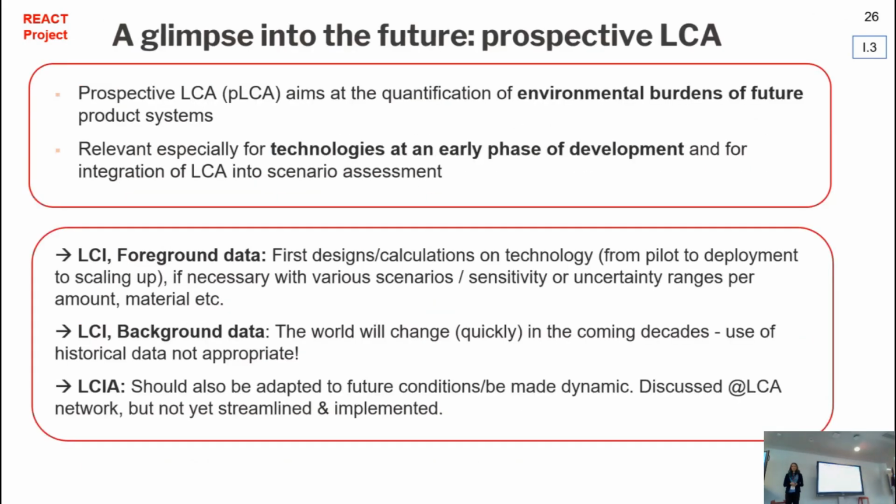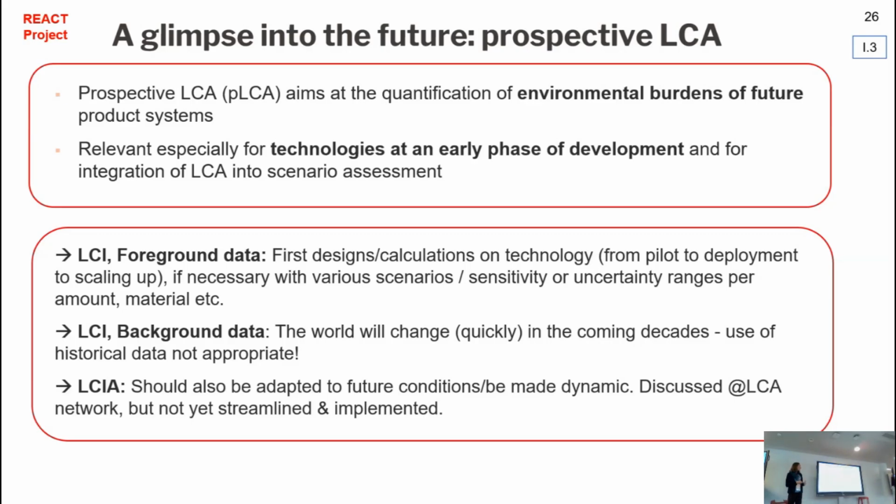So prospective LCA, as Marnix has explained, we often have to look into the future because a specific launcher might only be present in future. So that means that your foreground data, you have to adapt them. You have to estimate how this launcher will look in 10 years.